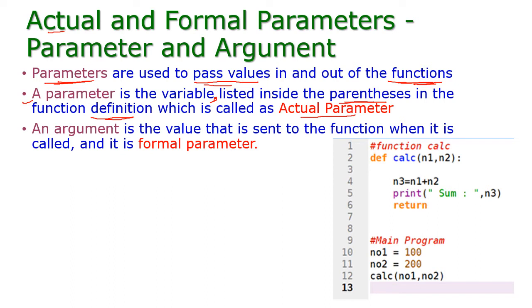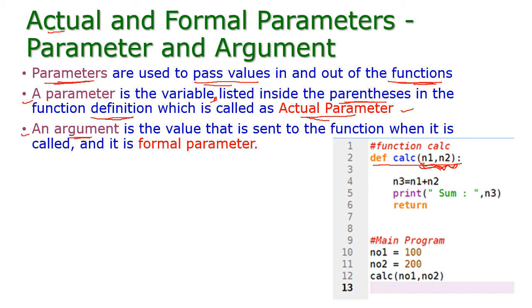So this is the function definition. Inside the function definition, within parentheses, we have a list of variables, and these are called actual parameters.